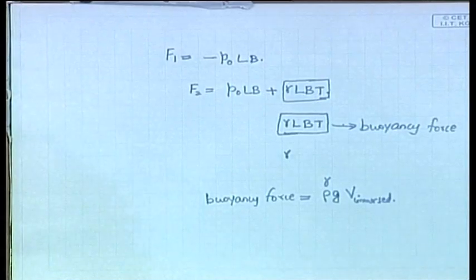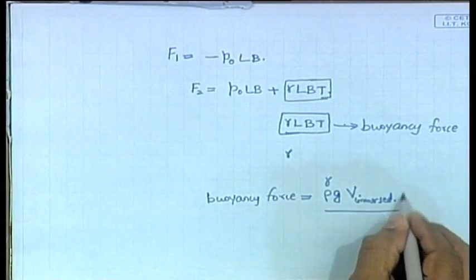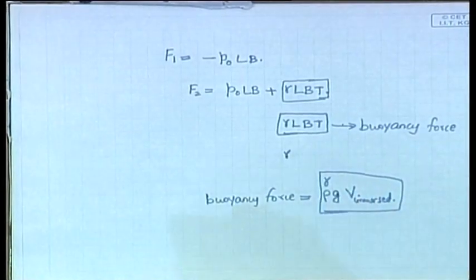D is the depth, the whole thing, T is just the region under. So, LBT. This is what is known as the buoyancy force. This is the force that is produced due to the body immersed in the fluid.